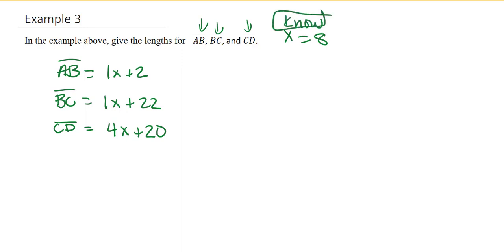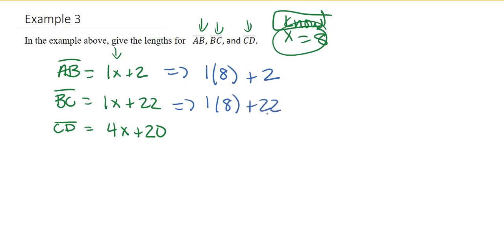This is what we solved for, so now we know this. So all we need to do is plug x is equal to 8 into every time we see an x. So let's go ahead and do that. So 1x plus 2 becomes 1, then in parentheses 8, plus 2. And then we have another 1 times 8 plus 22. And then we have 4 times 8 plus 20.